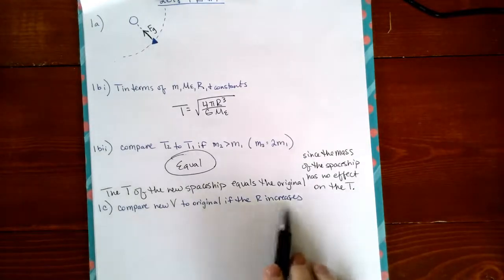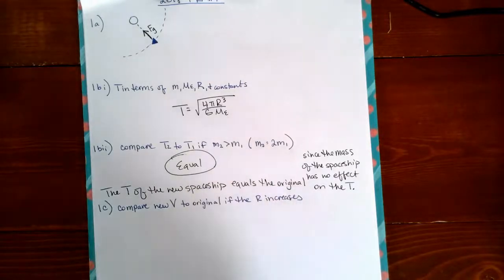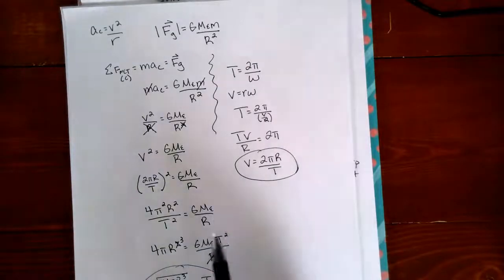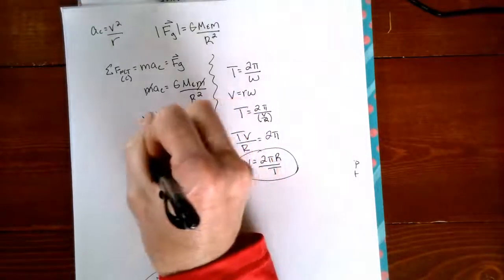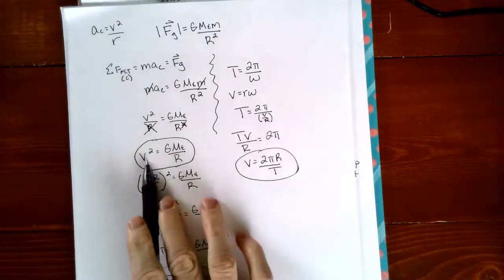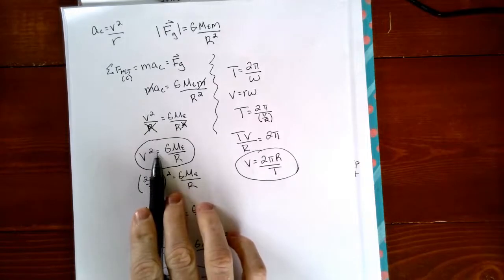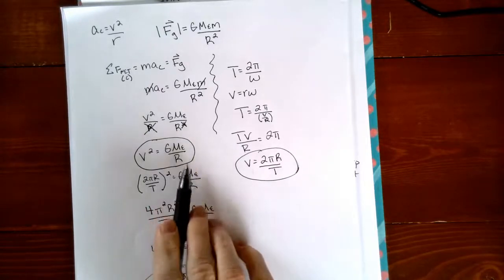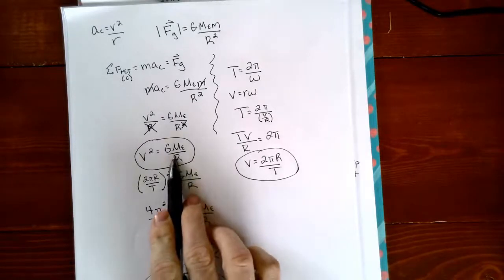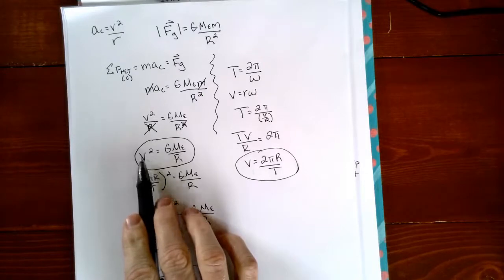So let's go back to the work we did before on part B, and we had this right here, that our spaceship's velocity, technically the square of its velocity, is equal to GME over R. So if the radius gets bigger, the velocity is actually going to get smaller. And our equation shows us right there. So the answer would be less than.